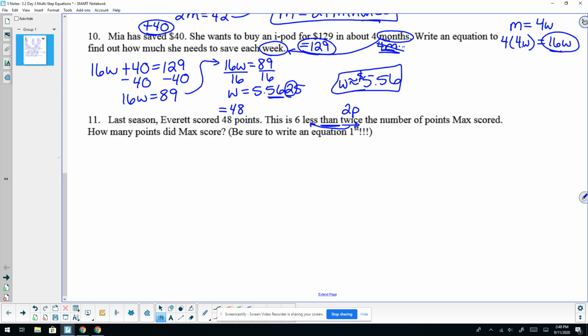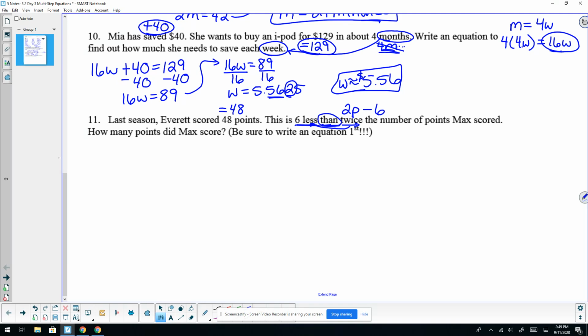Now, because I started behind, because of the word than, now I have to look at the 6 less. So less tells me to subtract, so minus, and then 6 is my number. So 2p minus 6 is what 6 less than twice the number of points Max scored wants us to write down for our algebraic equation. Okay?